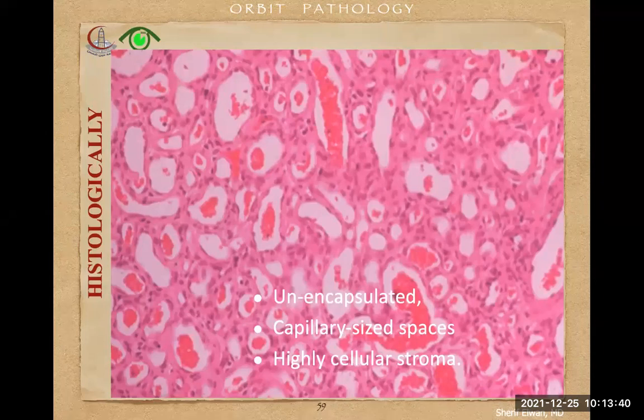As you can see, the difference is unencapsulated. There are no capsules. It's capillary-sized spaces. The spaces are smaller with highly cellular stroma. The stroma in the cavernous hemangioma is big, of various sizes, but not infiltrated by cells as much as here.